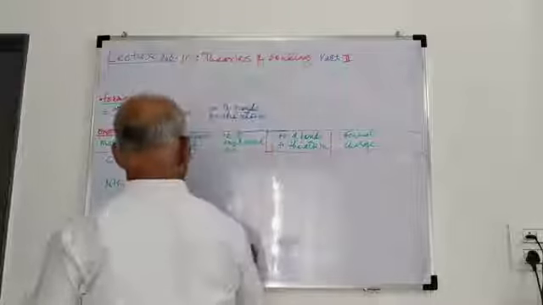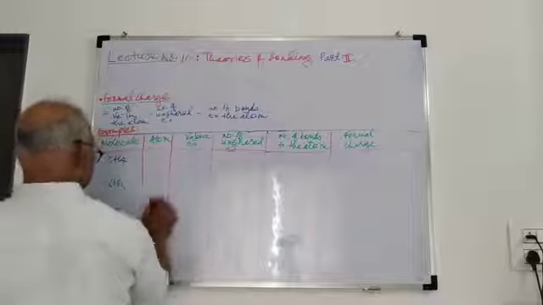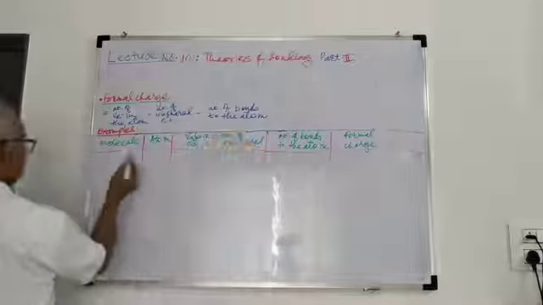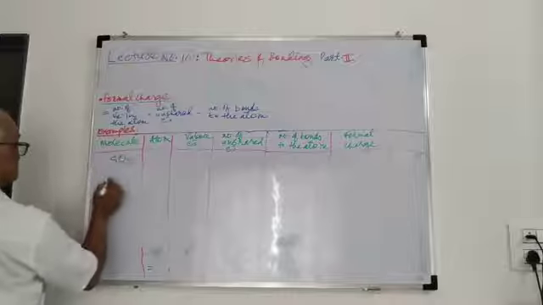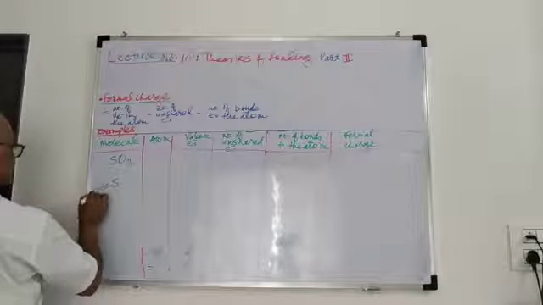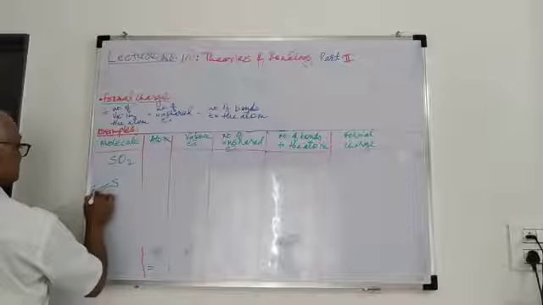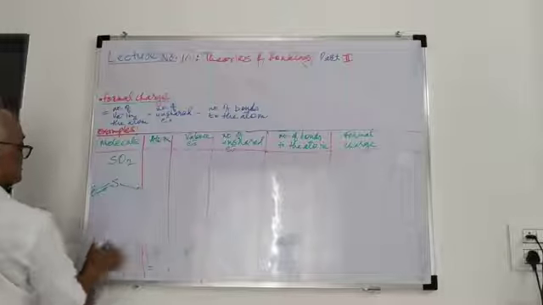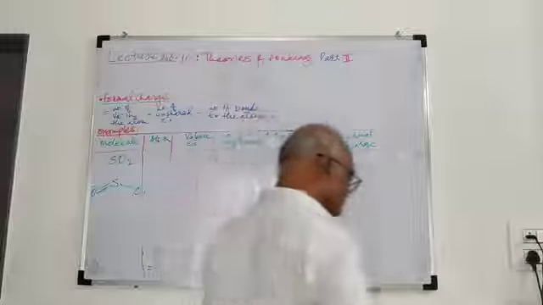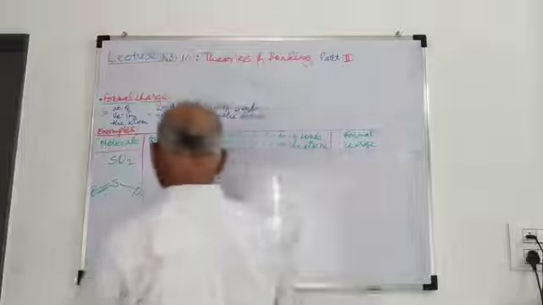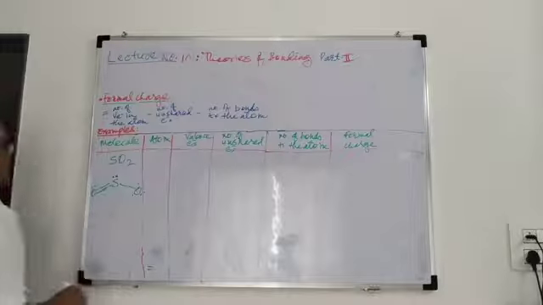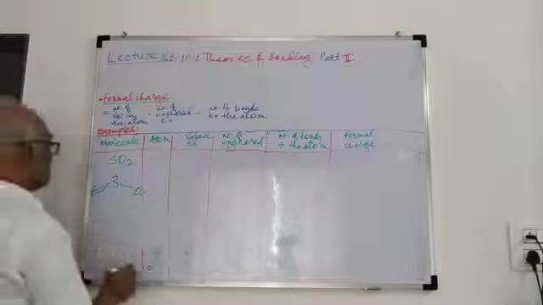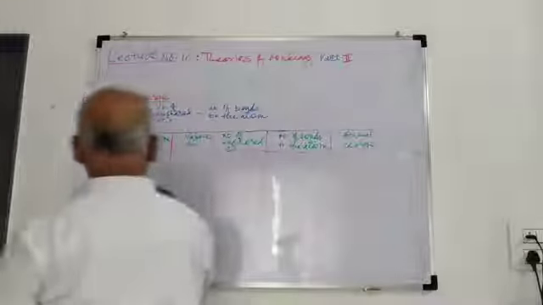So in addition to this, we will see one more example, that is SO2. What is SO2? This is like this. This is SO2. Now we can calculate the formal charge on sulfur.